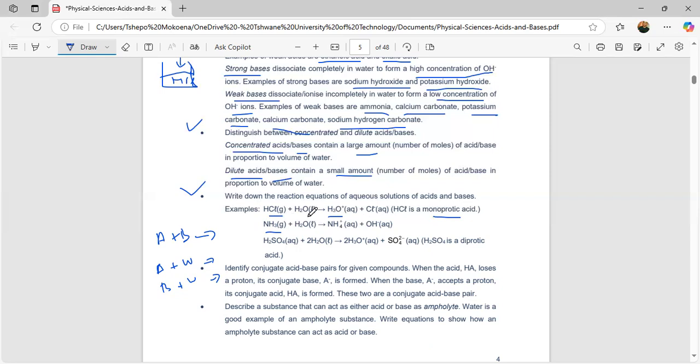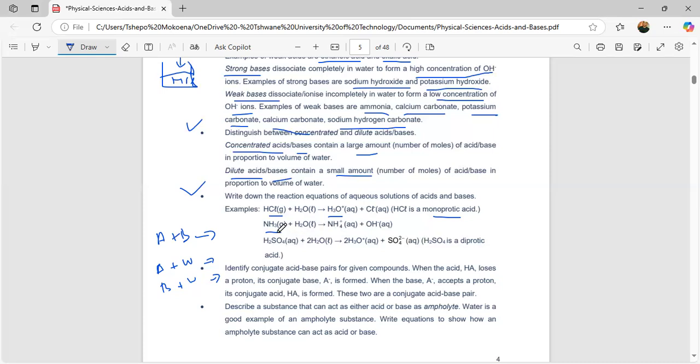Water has turned into H3O+ ions because it has accepted the proton. And HCl has turned into Cl- ion because it has donated the proton. Because we have donated only one proton, HCl is called a monoprotic acid. Another example over here is ammonia reacting with water to form ammonium ions.